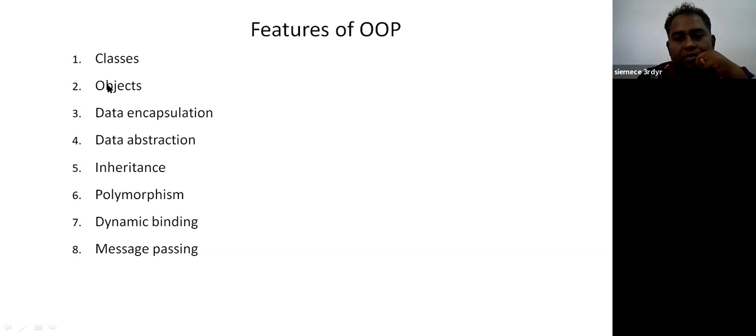An object has data plus member functions. The data members, such as roll number and name, may be Pranay, may be Tenzing, and these objects have their own data. Next is something called encapsulation.